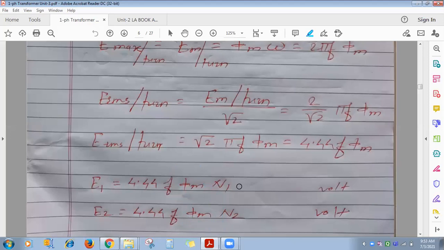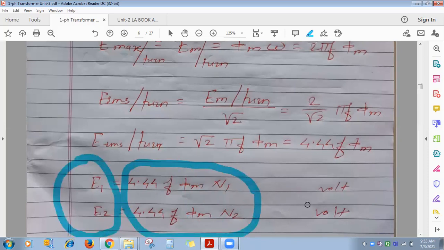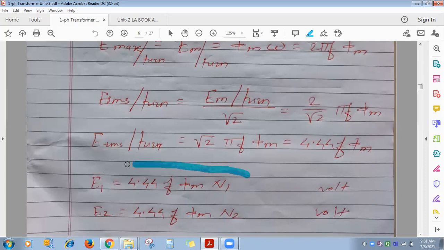And once the transformer gets designed and manufactured, the manufacturing is over. So what about N1 and N2 turns? Those are also constant. Primary turns, secondary turns, constant. Means if all parameters here are constant, what do you think E1 and E2 will be? Constant. Got it? What is the conclusion?